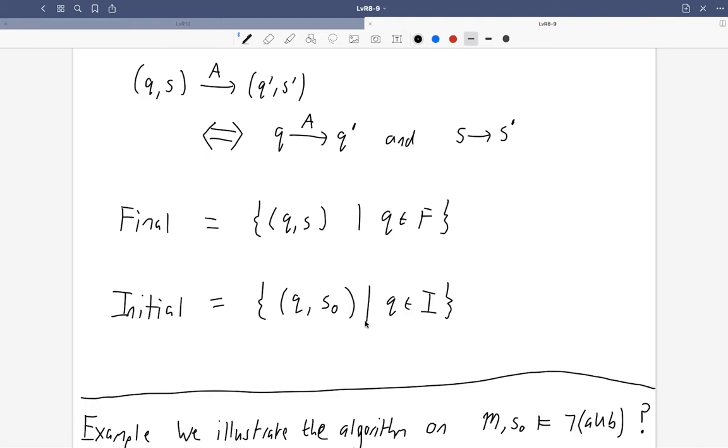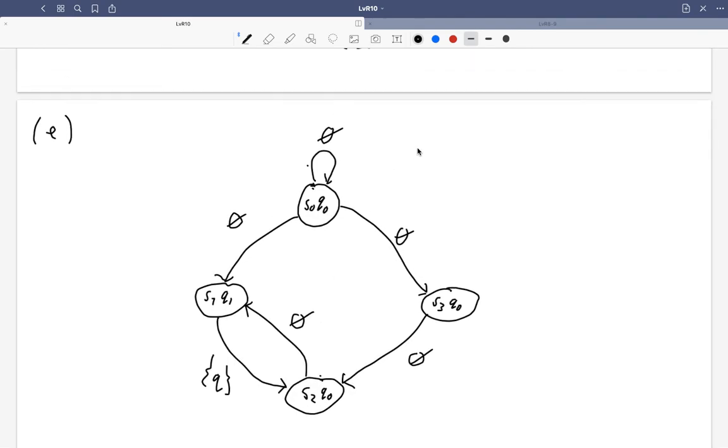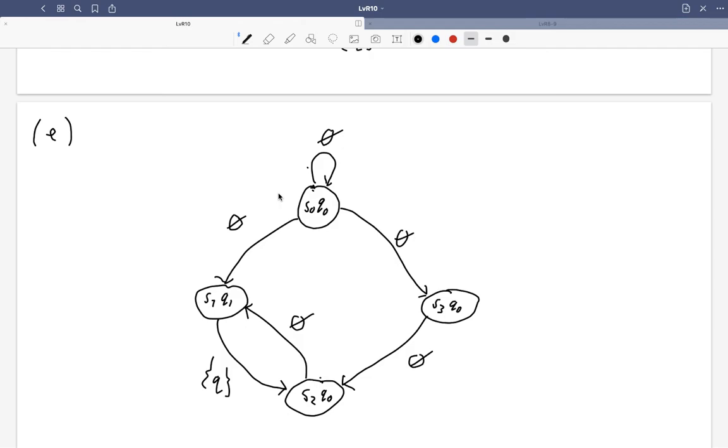Both states of the automaton were initial, and our final states are just all those states where the automaton part is final. So the initial states were any states that were both initial in the automaton and our starting state of the transition system, which is S0. So our initial state, I'm going to do this in purple, is S0.